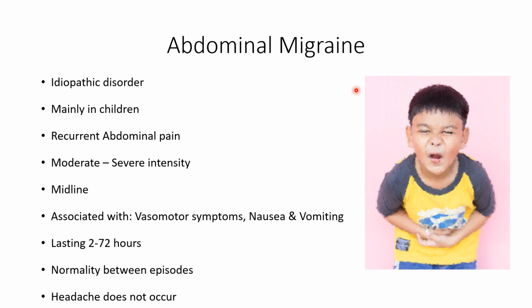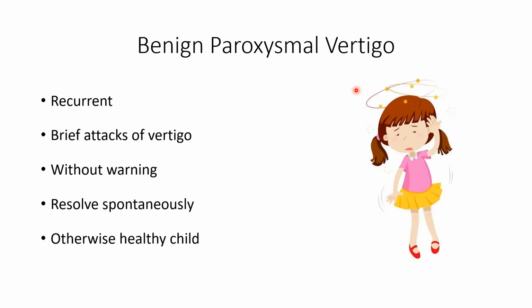And again, in between the episodes, the child is perfectly normal. During the episode of abdominal migraine, there is no headache. We are studying this here because this is an episodic pain syndrome which has been associated with migraine. It is more commonly seen in patients with migraine.